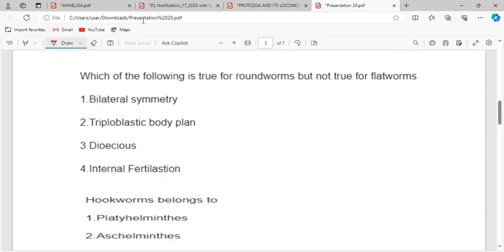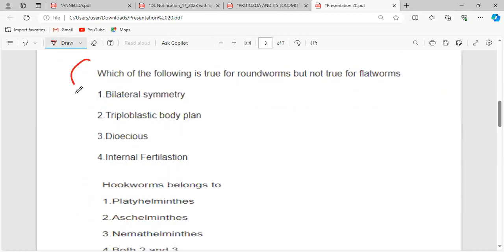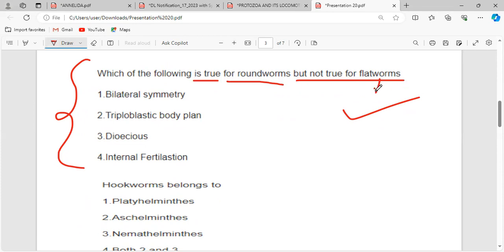Now find the answer for this question, but before that I have to explain how to analyze this question. I have repeatedly said they can throw a question at you by comparing two different phyla. Which of the following is true for roundworms but not true for the flatworms? What is the phylum which is referred to as the flatworms? Name the phylum which refers to the flatworms.